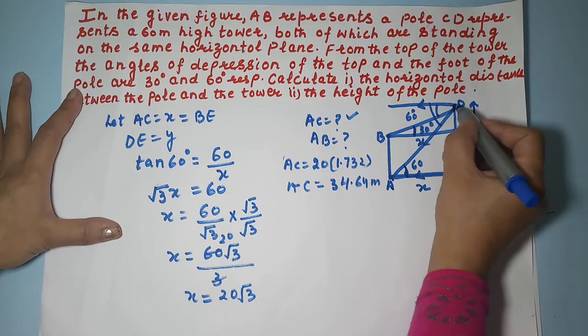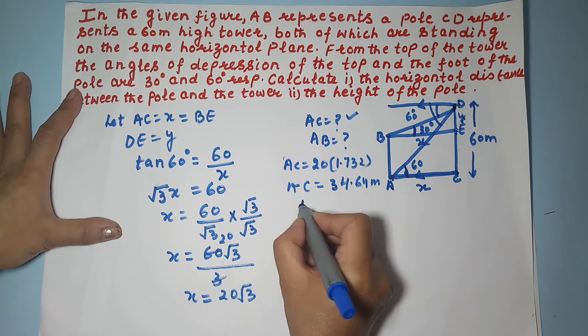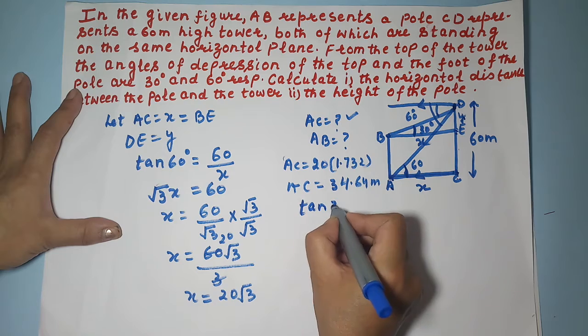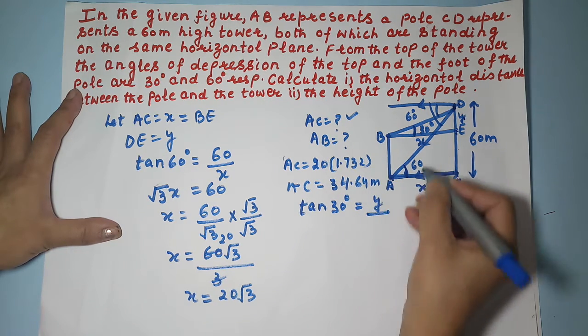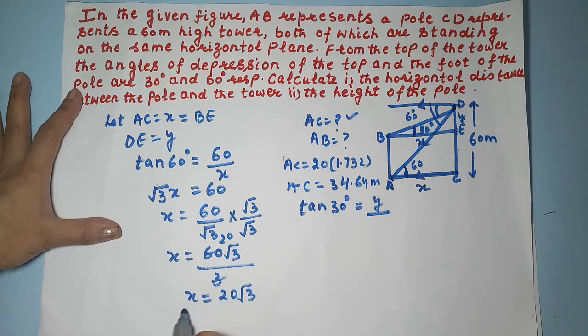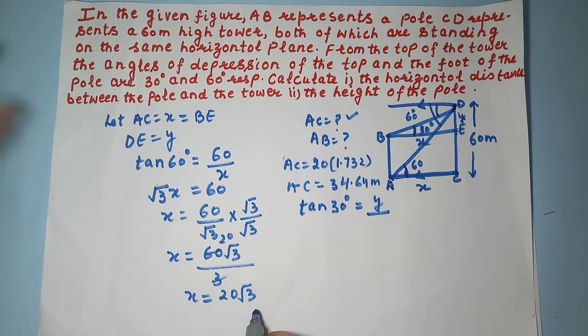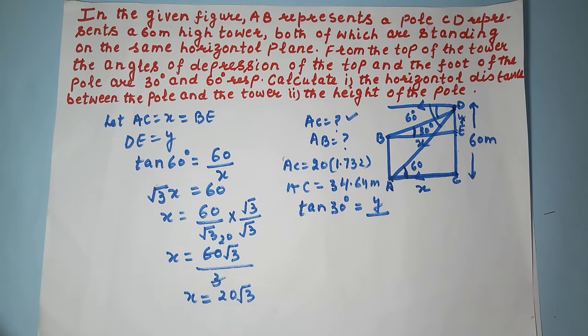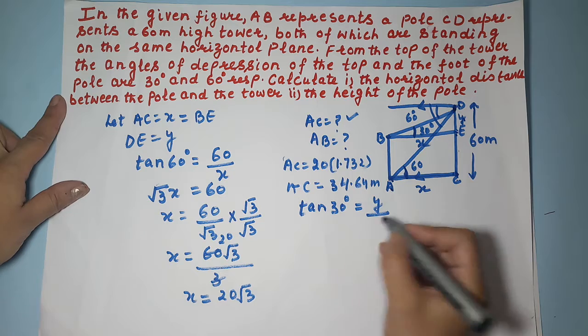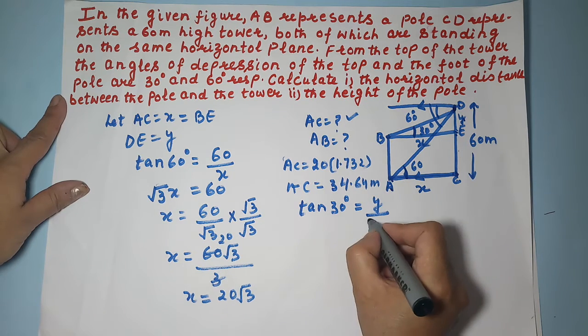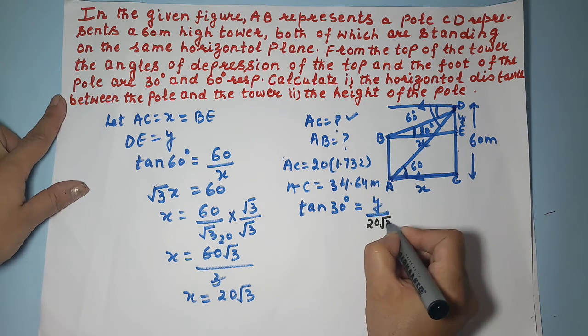So let's take this triangle now. In this, tan 30 is equal to Y upon this X, and X we have already calculated. How much is this X? We have calculated this X as 20 root 3. So we will write this X as 20 root 3 only.